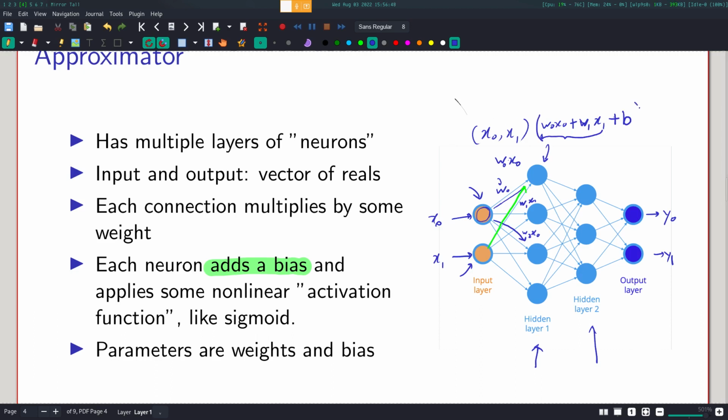Finally, it's going to take this entire thing and apply some nonlinear activation function on it, right? We call this nonlinear function the activation function, but in general a very wide class of well-behaved functions can be applied over here, right? So for now, let's say that this function is something like a sigmoid.